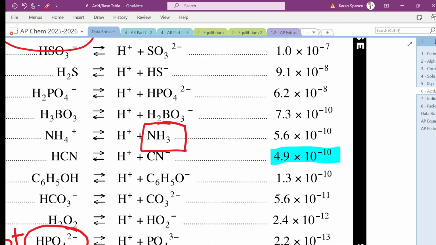You could also look at it as NH3 being beneath the water, on the acid side.